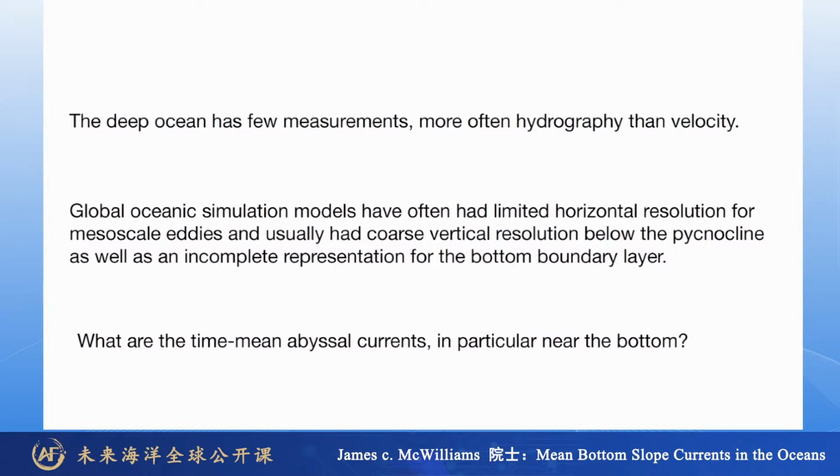All of these limitations limit the depiction of the time mean bottom currents. And so the question being addressed today is, what are these abyssal currents, in particular right at the bottom?